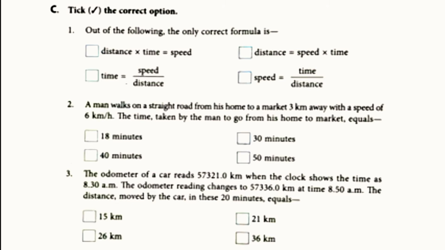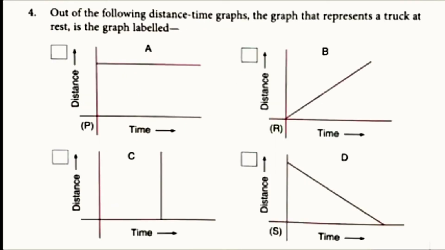The distance moved by the car in these 20 minutes equals 15 km. Option A. Fourth, out of the following distance time graphs, the graph that represents a truck at rest is the graph labeled option A.